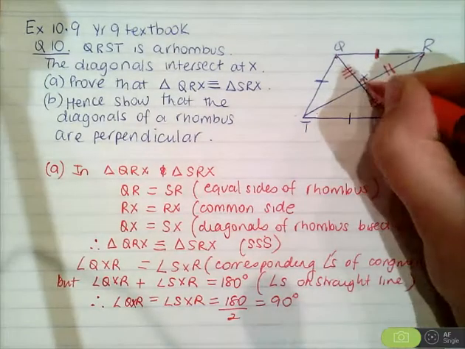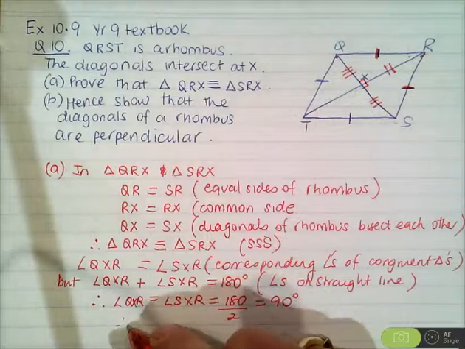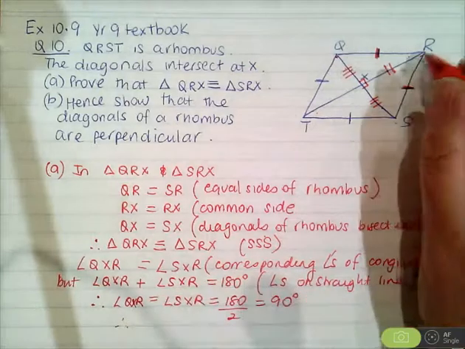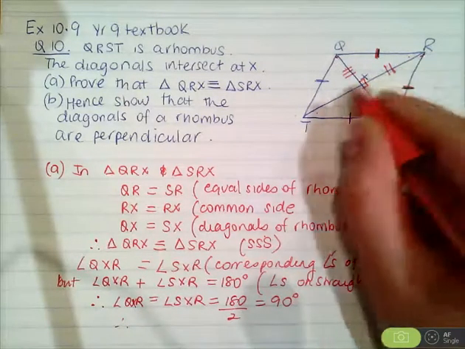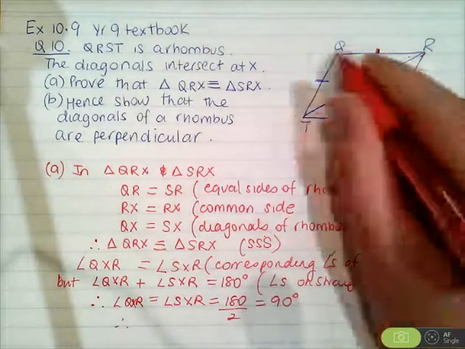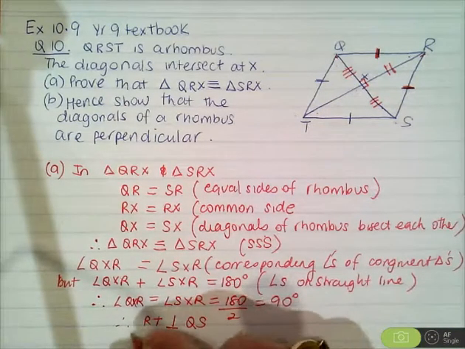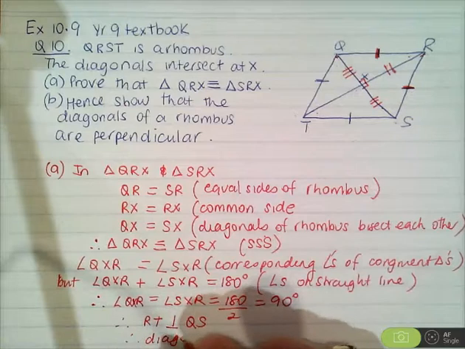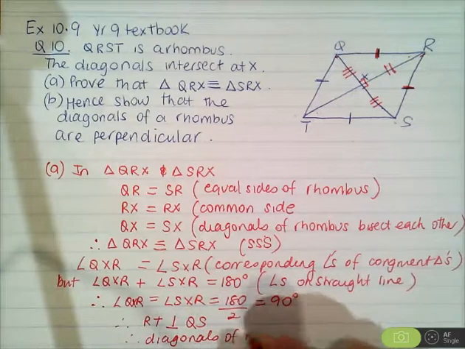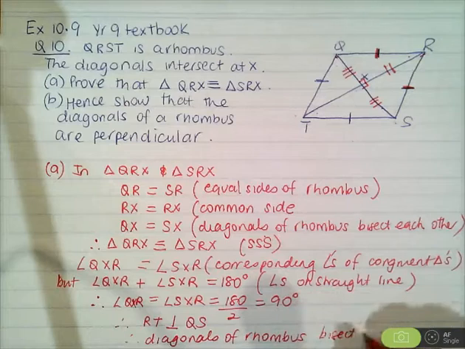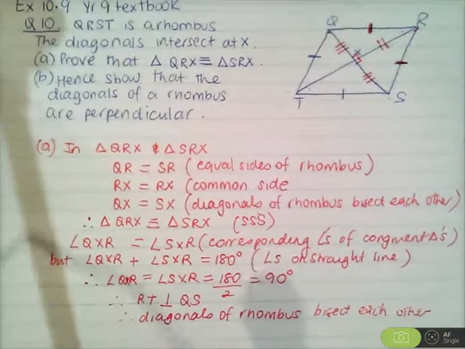I'm going to put those in. And now I can say that RT is perpendicular to QS. Therefore, the diagonals of a rhombus bisect each other. And I'll just move this up a bit.